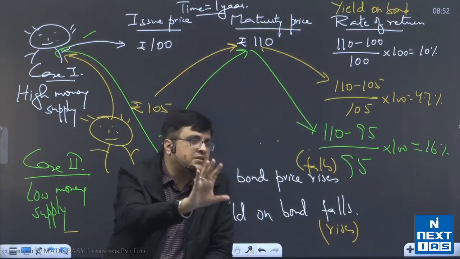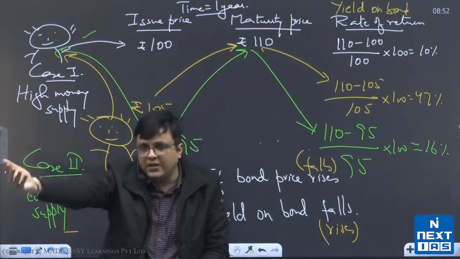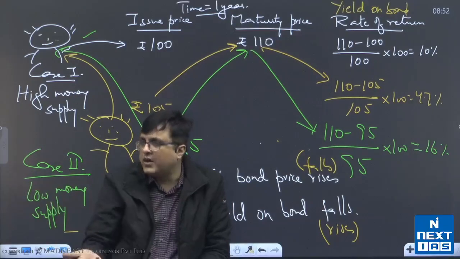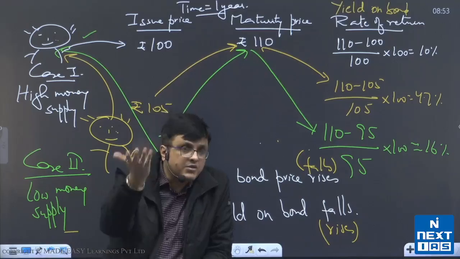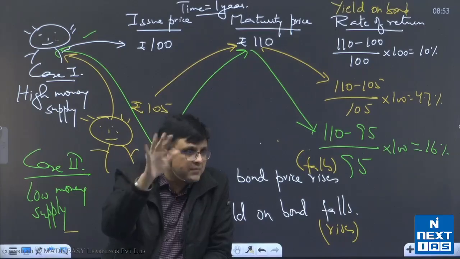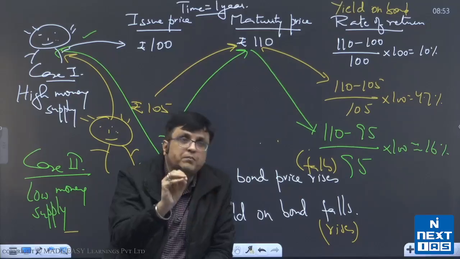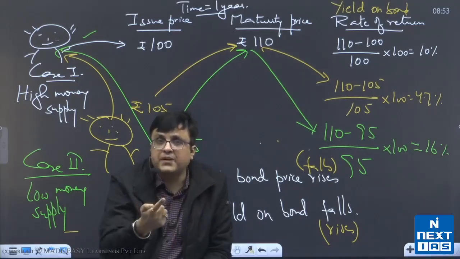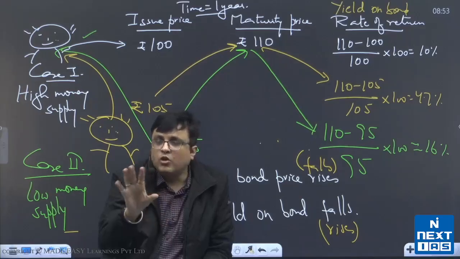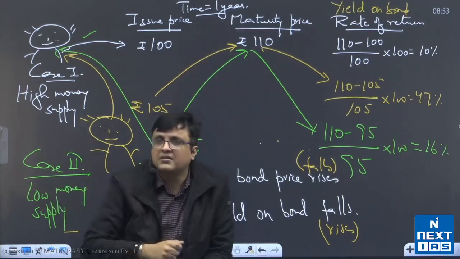Even if you are a depositor in the bank, indirectly you are lending money to the bank and the bank will promise you an interest rate. So all interest rates in the market rise together, or all interest rates in the market fall together. Now understand this. If the bond yield rises from 10% to 16%, won't you also increase the interest rate at which you will lend to others in the market?